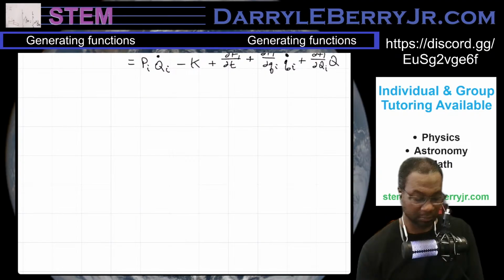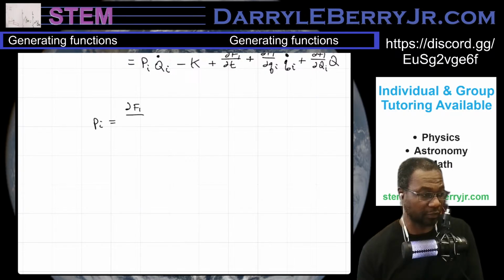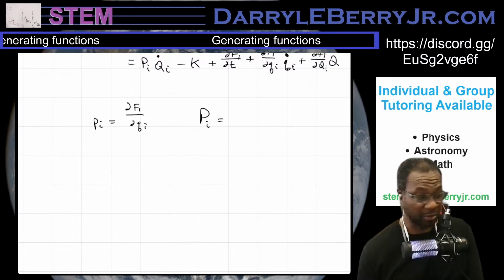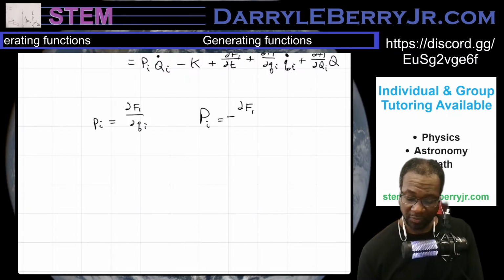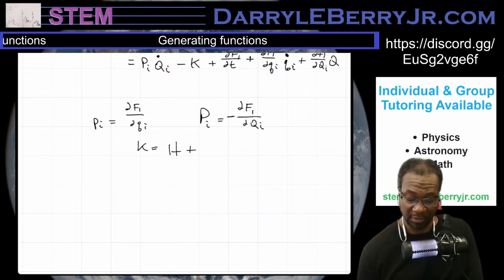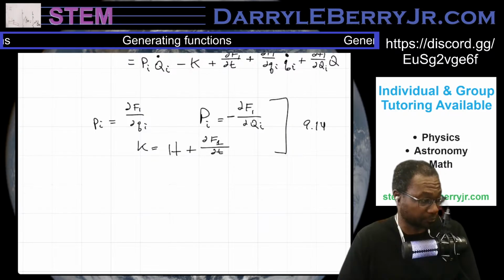Saying that p_i must equal partial F1 over partial q_i, and capital P_i must equal partial F1 with a negative sign over partial Q_i, and thus K equals H plus partial F1, and H is the Hamiltonian, over partial t. And this is 9.14c, not 9.14.